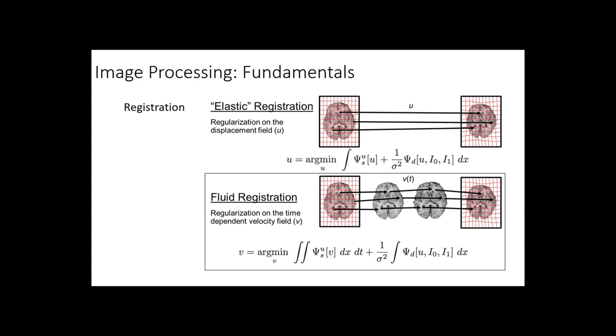So this is a similarity measure: given the current estimation of the deformation field, how close are the two images? And of course, there are a lot of solutions to this U. It's an ill-posed problem, so we have to use some regularizers. The regularizer we often use is a Gaussian smooth.